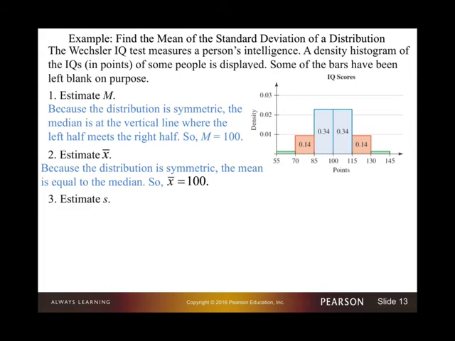Number 3, we want to estimate the sample standard deviation. So look at the picture. We have 0.34 and 0.34. When you add them up, that is 68%, right? 68%.